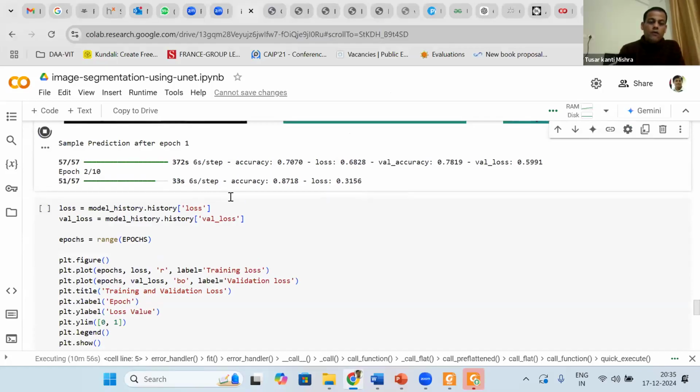But this will go on up to 10 epochs at least, so it will be time consuming. However, this is how we saw the workshop level of execution for UNET.